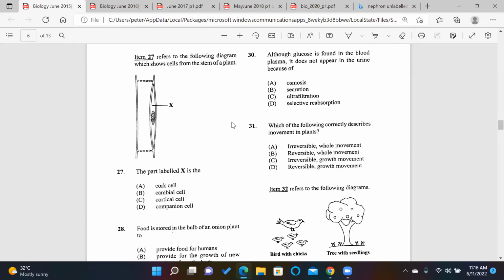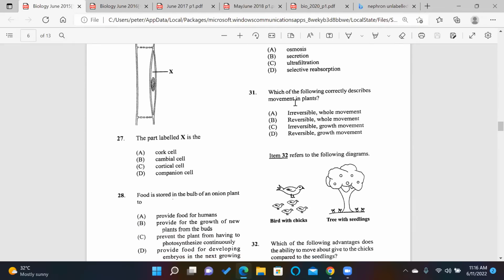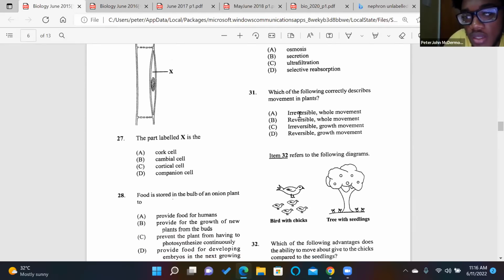Which of the following correctly describes movement in plants? A, B, C, or D?